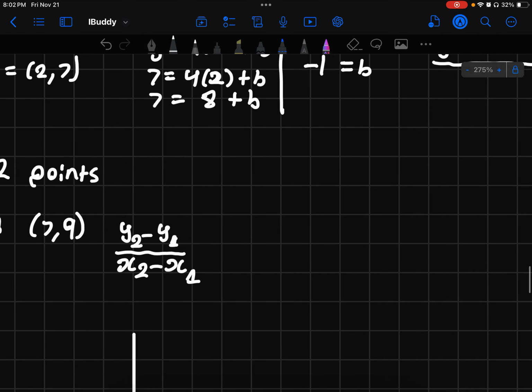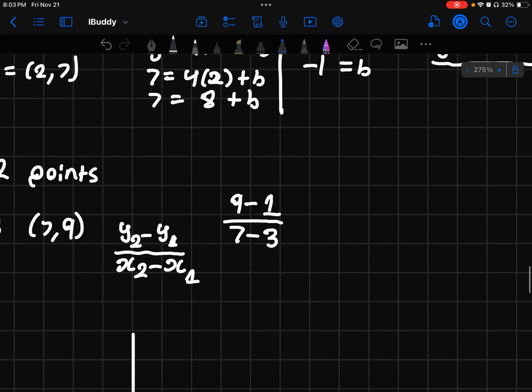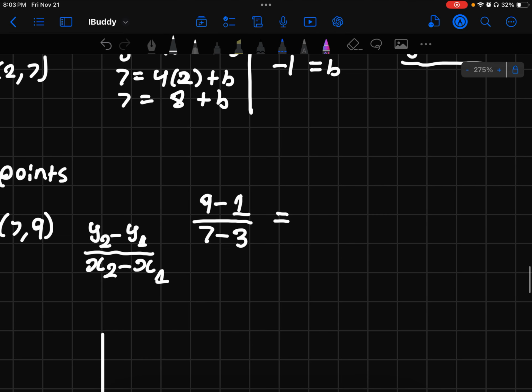So let's input the values here. The second y is 9. 9 minus 1 over 7 minus 3. This is 8 over 4, which is 2. So now we have the slope.